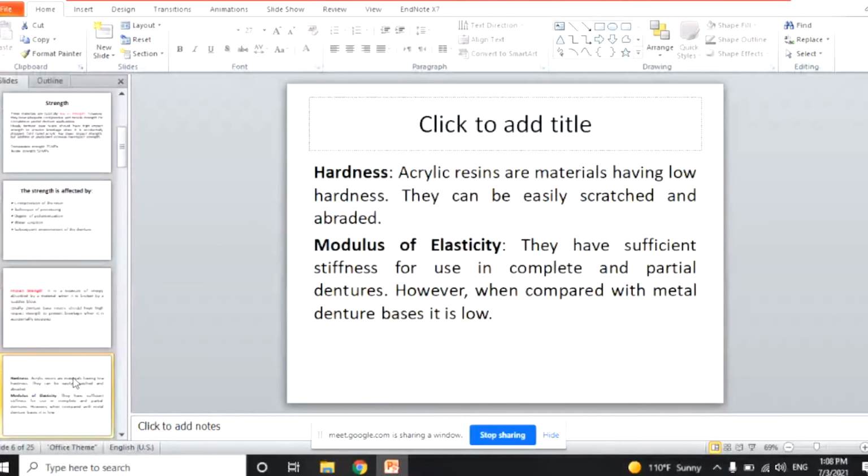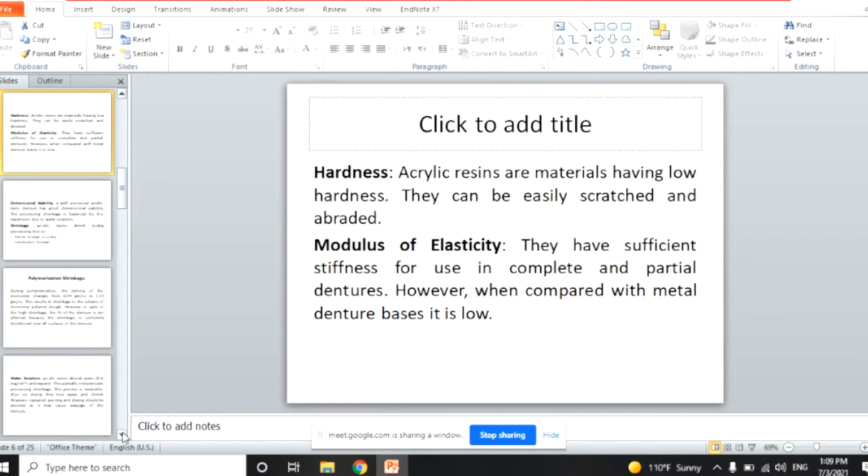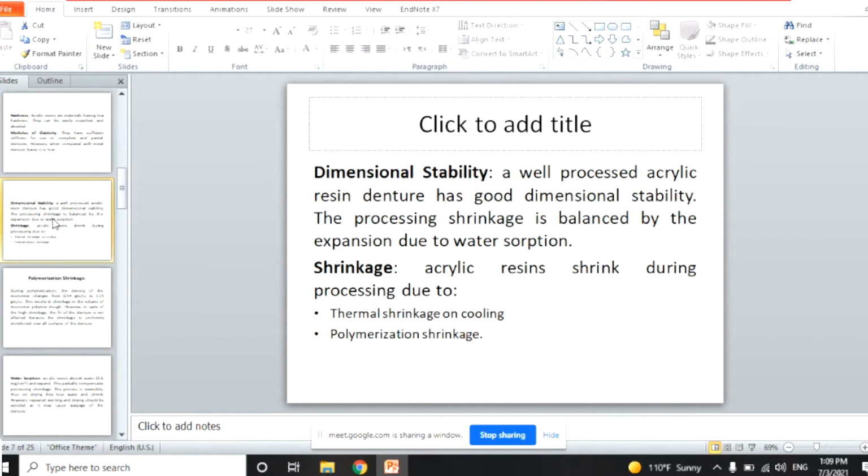Modulus of elasticity: usually you must have a good stiffness, but compared to metal, it has a low stiffness. About dimensional stability, all dentures must have good dimensional stability.